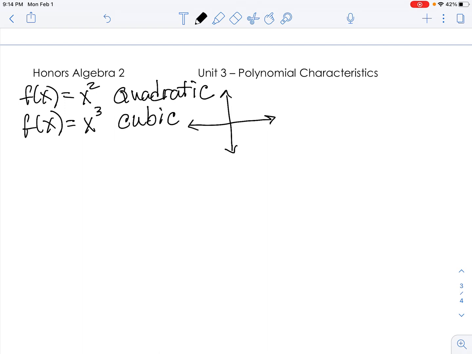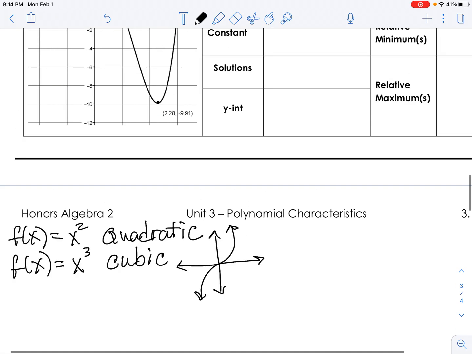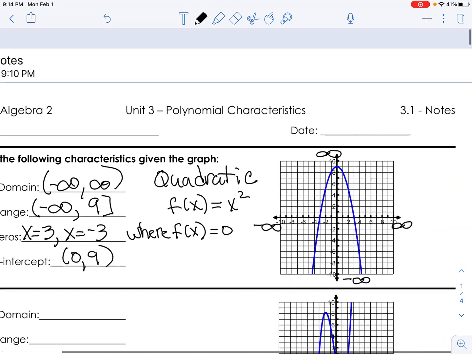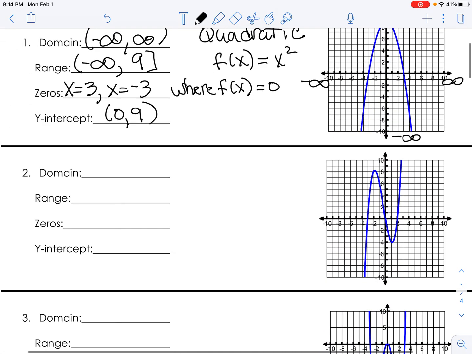And if you don't remember it, the cubic function looked like this. It was in the first and third quadrant, and it went through 0, 0. And of course, then if we put a negative in front of it, it flipped. And so now we're going to talk about variations of the cubic function.